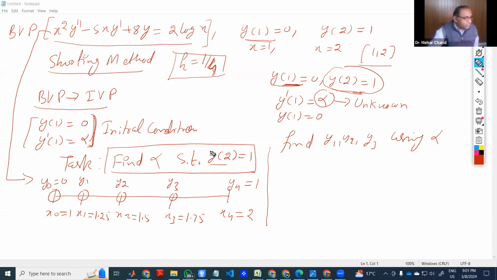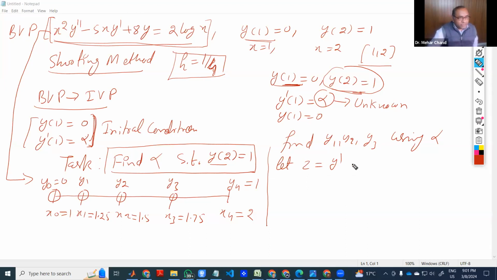Now this is the stage where we can easily convert the given boundary value problem into an initial value problem. For that, let z be equal to y dash.